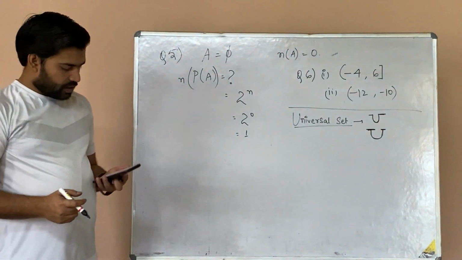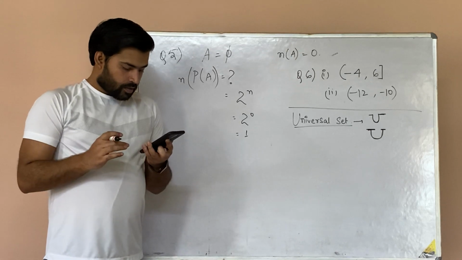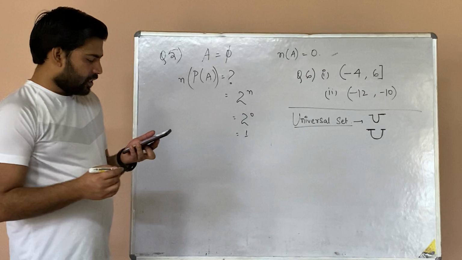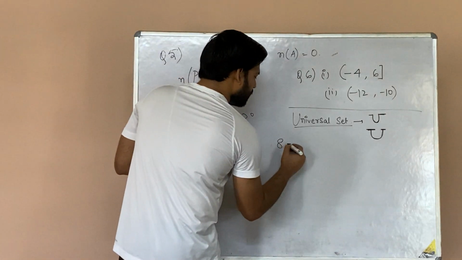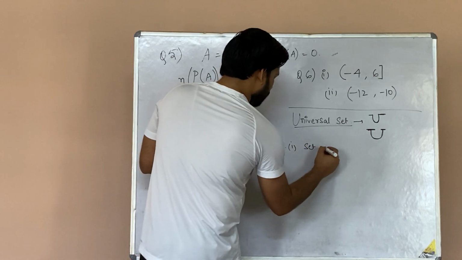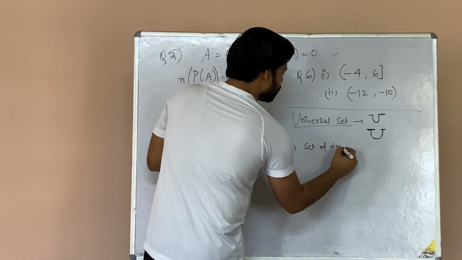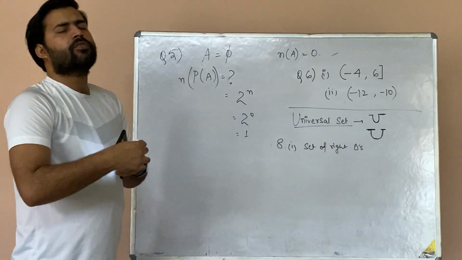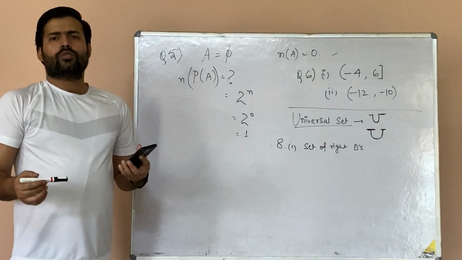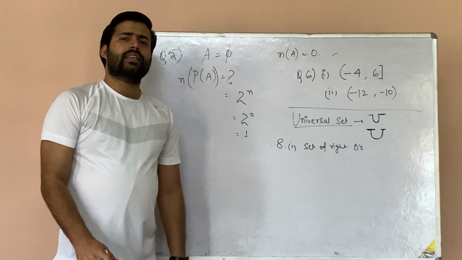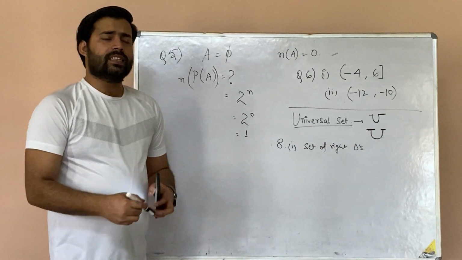Now here in question number 8, you need to propose a universal set. The first part of question number 8 is given a set of right triangles. So for all the right triangles, just try to consider a particular type of set wherein all the kinds of right triangles will come. So can I say a set of simply triangles?